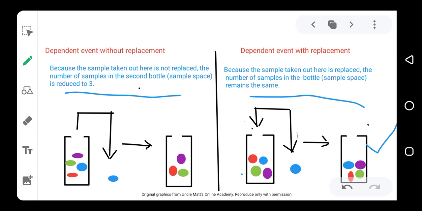So in a dependent event with replacement, the sample space remains the same. That is the total possible outcome in a dependent event with replacement. It remains the same because what you pick, you place it back.